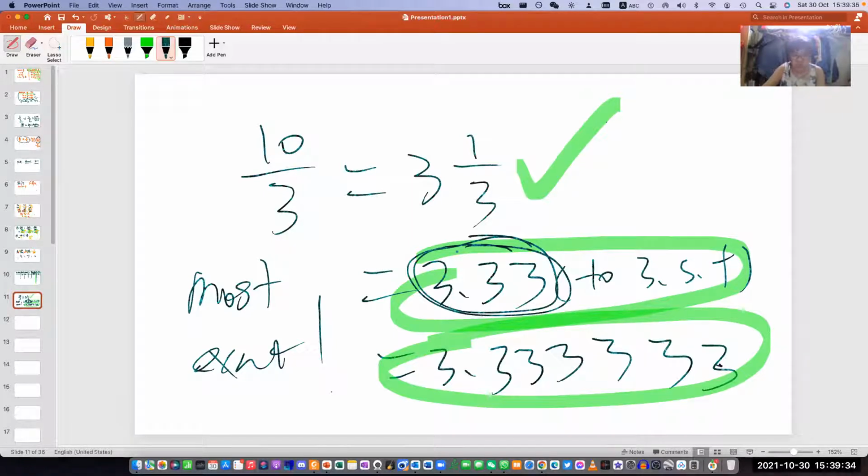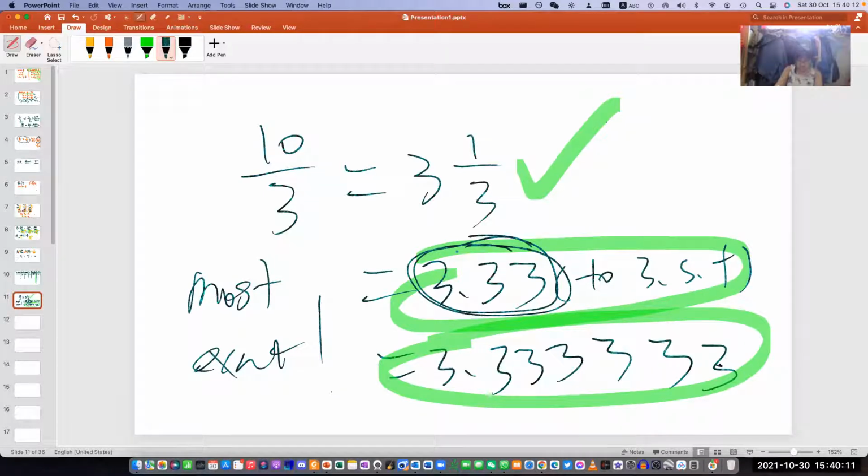Going to check the dictionary now. Most accurate.